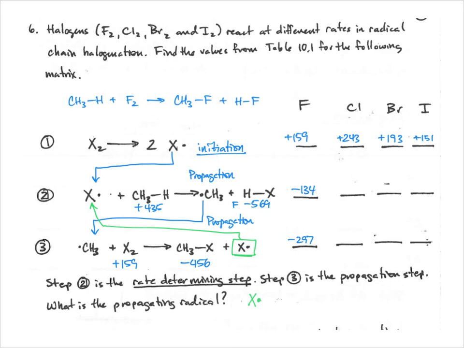Now, what needs to happen in a propagating chain reaction like this? You have to look at these numbers. Step 3 obviously occurs after step 2. Step 3 is what? Exothermic or endothermic? Step 3, it's negative, it's exothermic.